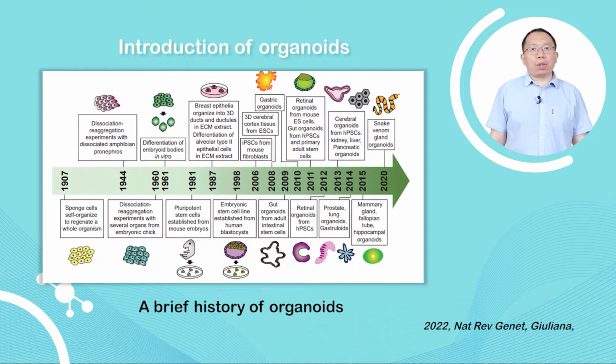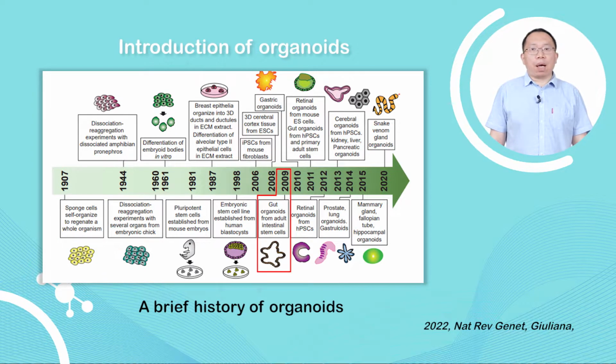This is a brief history of organoids. Back in 1907, Wilson described the first attempt of in vitro organism regeneration. A few decades later, several groups performed dissociation and reaggregation experiments to generate different types of organoids from dissociated amphibian pronephros and chick embryos.